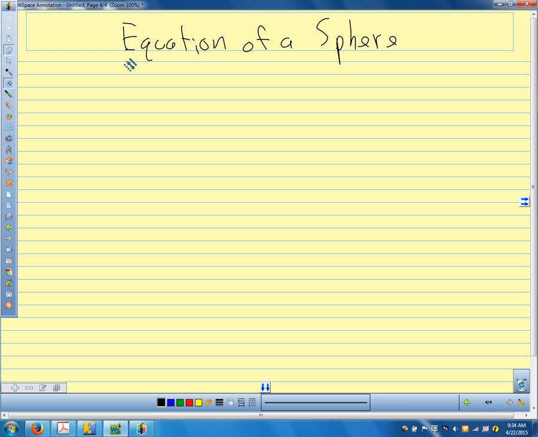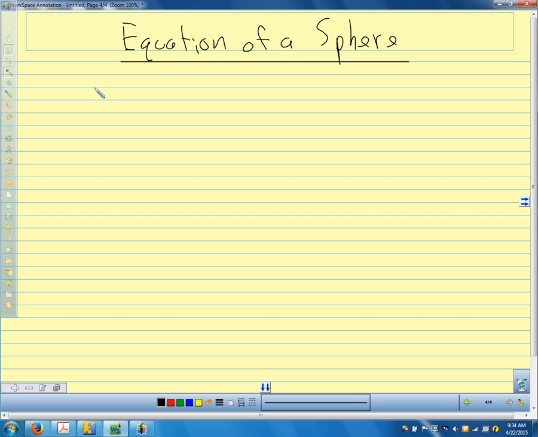Turns out that the equations of lines in 3 dimensions are a little more complicated than they are in the plane. How can we think of a sphere related to something that we know in 2 dimensions? Like a circle, like a 3-dimensional circle.